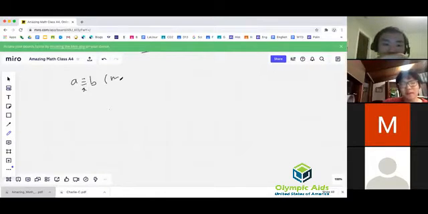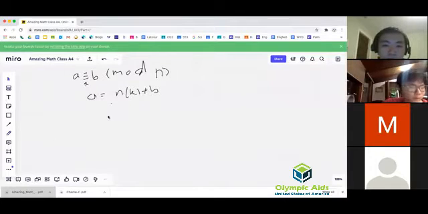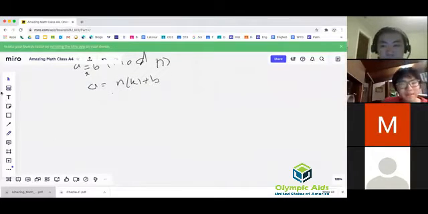A is equivalent to B mod n, or I said mod P, but it's really mod n because it doesn't have to be prime. This holds if A equals n times some integer plus B, or alternatively, they have the same remainder when divided by n.